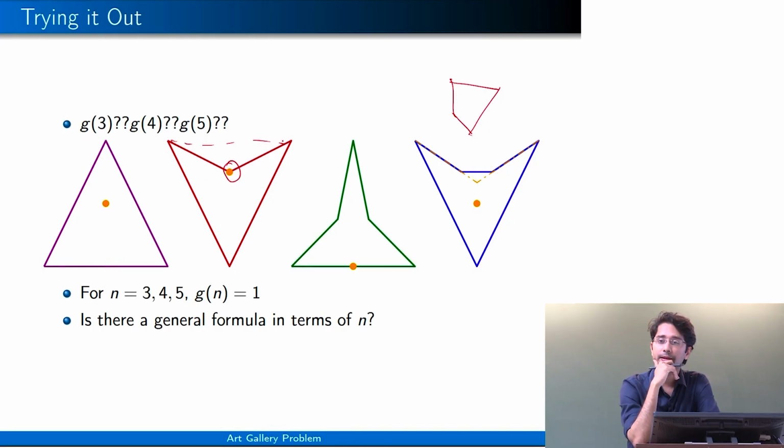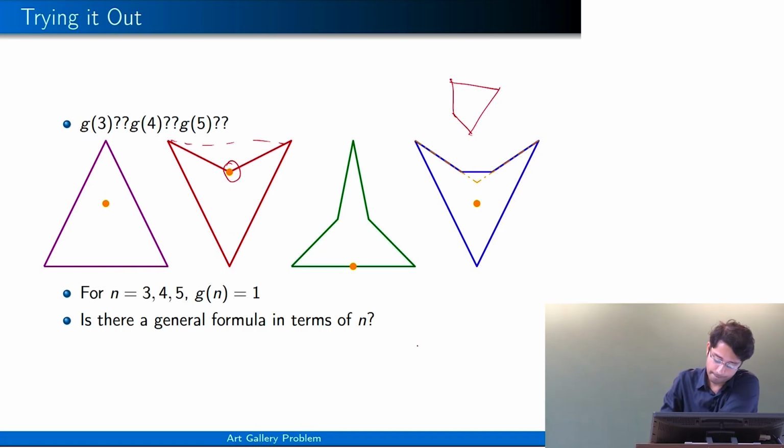Now, can you let me know, can we devise a function? What can be a function of Gn in terms of n?